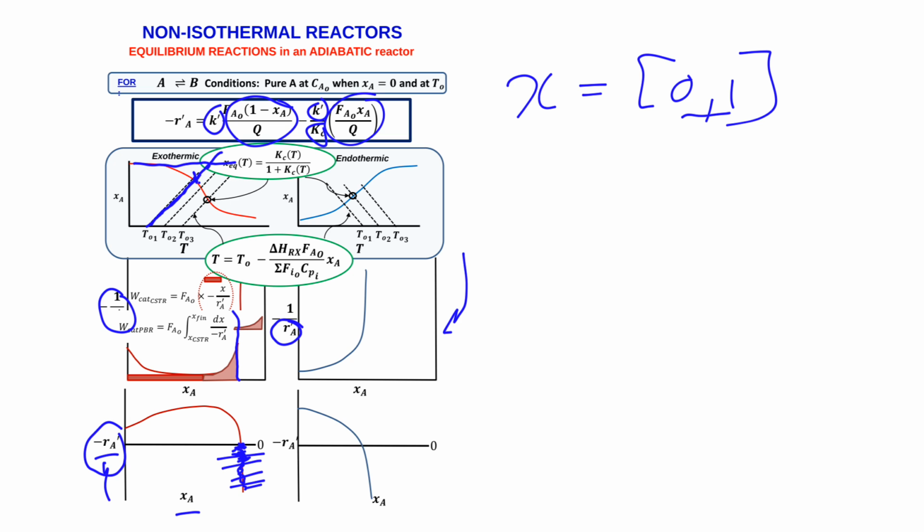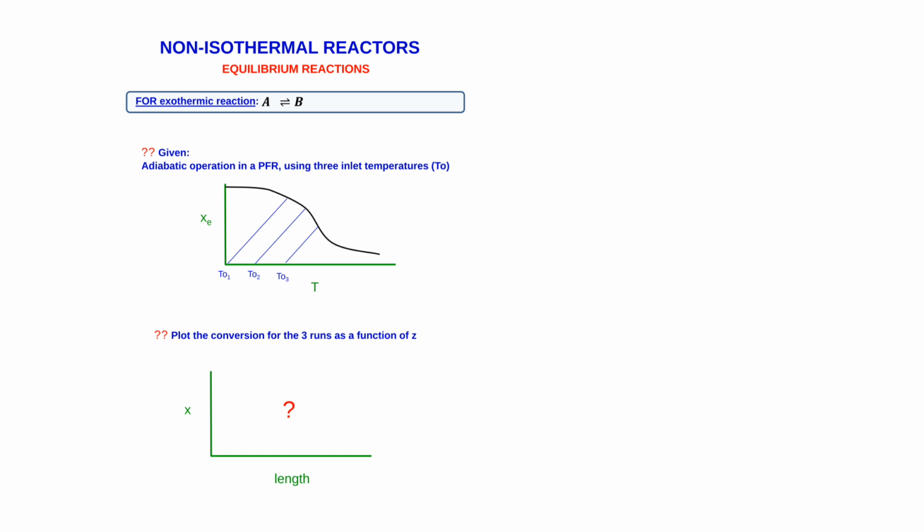It passes the thou shalt not pass line, and Python doesn't know that it's thou shalt not pass, so it just continues happily and it can still do the math. But in real life, the reaction will stop there unless there's a disturbance in the temperature, so you have some cooling there, or you introduce a side reaction, then something can shift and I can move past that equilibrium point.